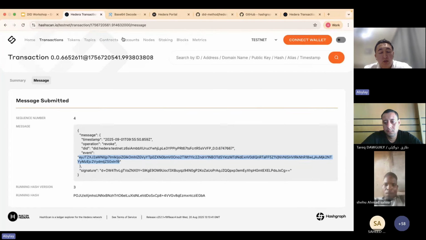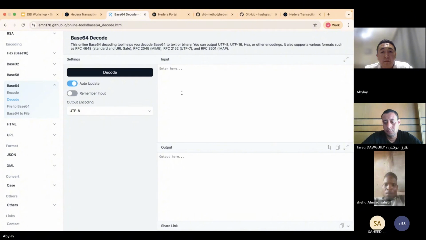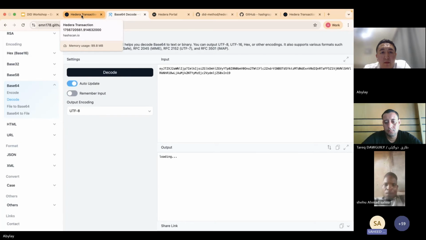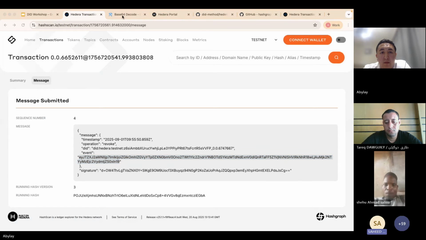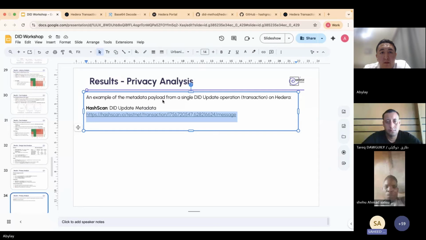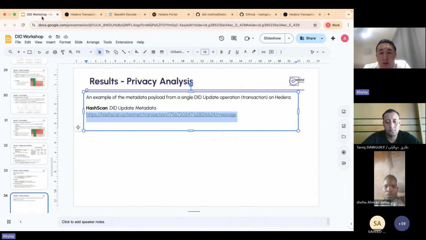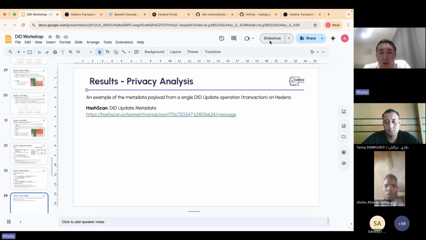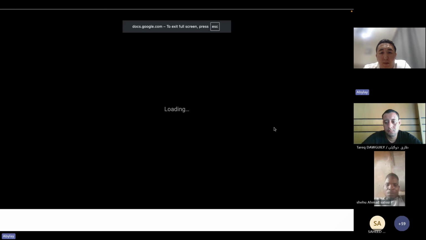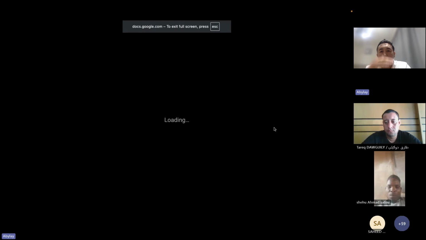You can decode it like here. Okay, it's loading, it's fine. So basically, we are talking about this metadata, which is visible to anyone.